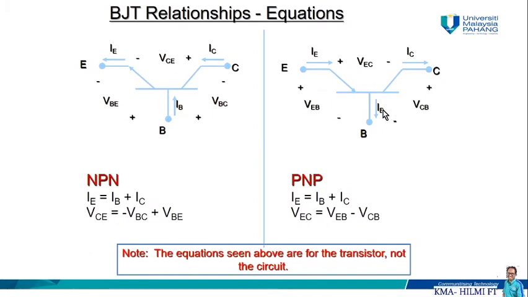And then we have VCB from the collector to the base. We are going to get IE equal to IB plus IC, the same as NPN. But for the voltage, VEC from E to C is equal to VEB minus VCB.